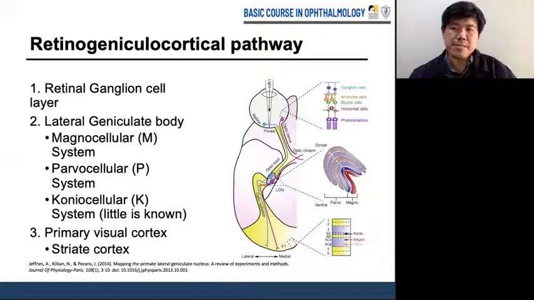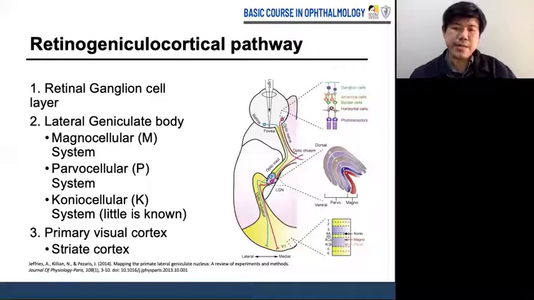Magnocellular systems are made of cells that have large somas and axons. They are rarely connected with ganglion cells in the foveal area and are sensitive to moving stimuli. They are also insensitive to color and only receive 10% of the retinal input. The parvocellular system, on the other hand, is made of cells with small somas and axons.